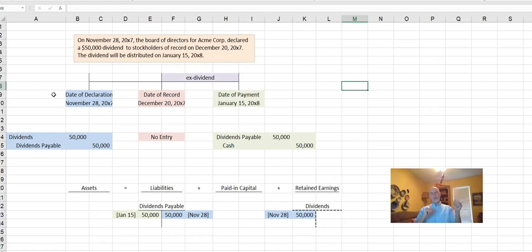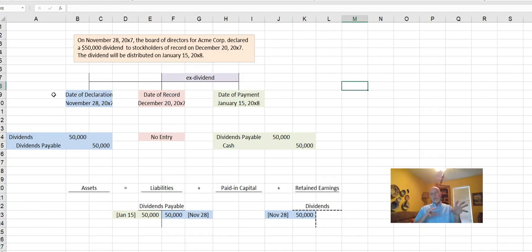Now, a significant thing happens on that day. That dividend, that $50,000, becomes a legally enforceable liability. Remember, when we issue stock, we make no guarantees about ever paying a dividend.